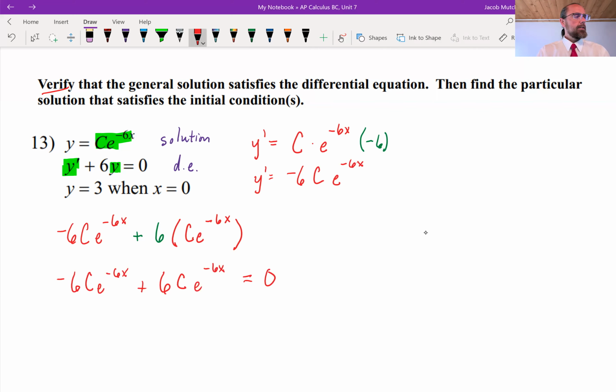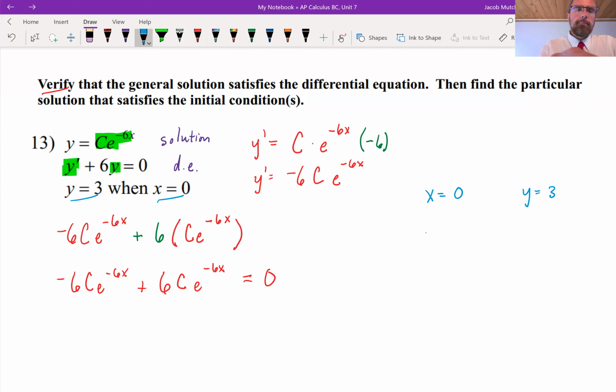So the way we do that is we pick up our values for x and y. Essentially, I just want to take my solution equation and plug in those values. So from my data here, y equals 3 when x equals 0. I'll go ahead and just put x equals 0, y equals 3.